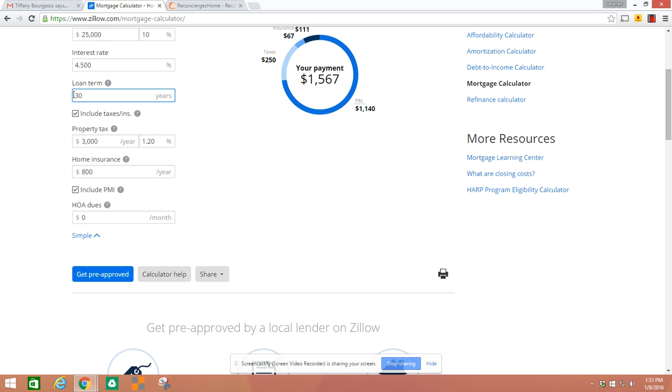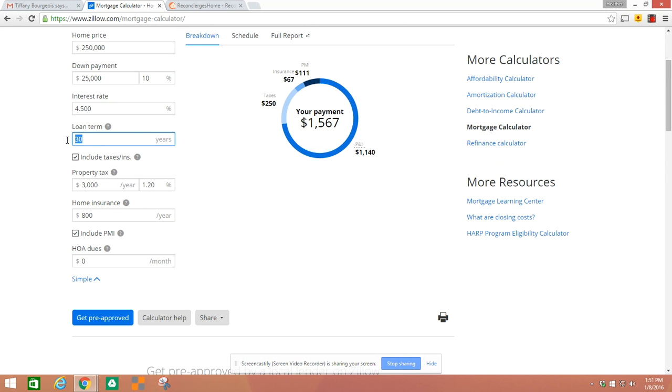Now, if you went with a shorter term, like a 15-year note, your interest rate would be lower. But unless you're absolutely sure we have a plan to achieve that, I never want to set our clients up for what that looks like. Just for argument's sake, if I were to cut this term in half, it doesn't necessarily make your payment go twice as much.